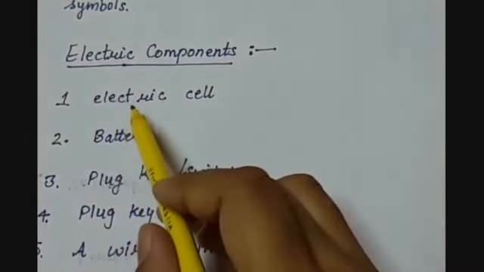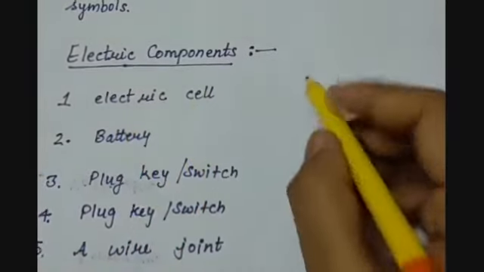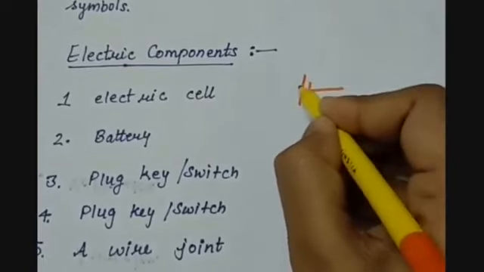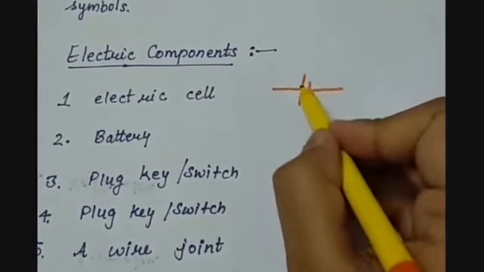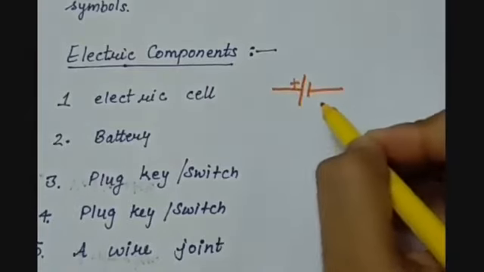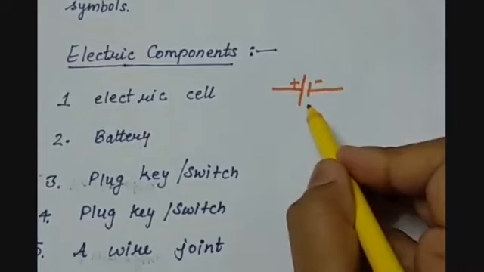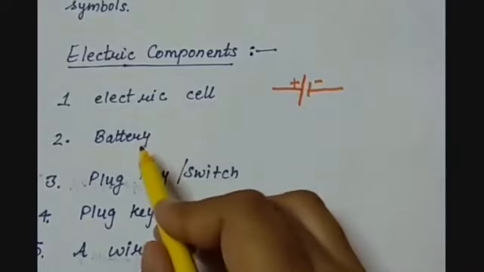The first is electric cell. A cell is always denoted by two lines this way. This bigger line shows the positive terminal, where the smaller line shows the negative terminal. So this is the symbol for electric cell. Battery.